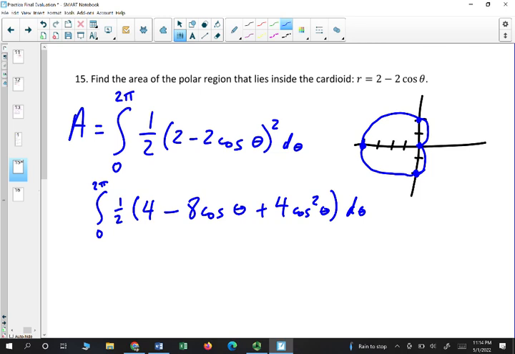Okay, we can distribute the 1/2 into there. So that gives us 2 minus 4 cosine theta plus 2 cosine squared theta, d theta.